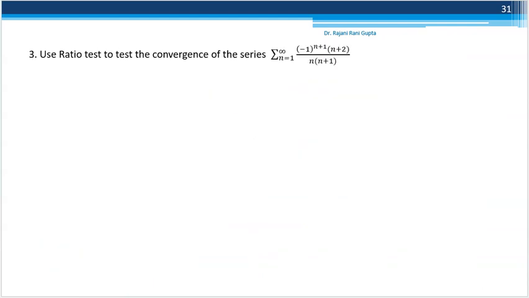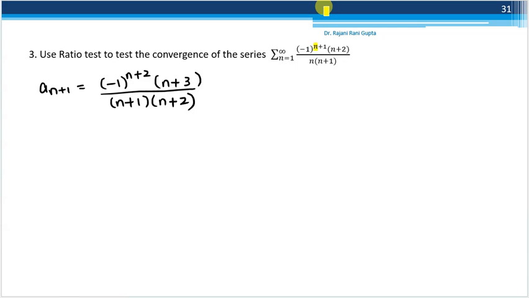Okay, let's take another example quickly. This all is your a_n. Let's find a_{n+1}. This will be minus 1 to the power n plus 2. I'm writing it directly now because I'm sure you are now expert at it. What I did is I just changed the value of n to n plus 1.